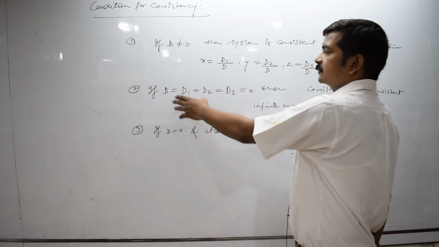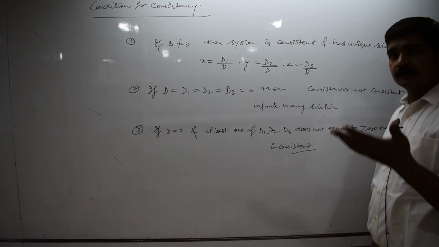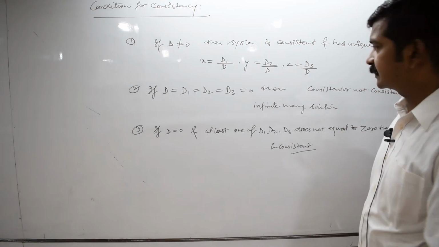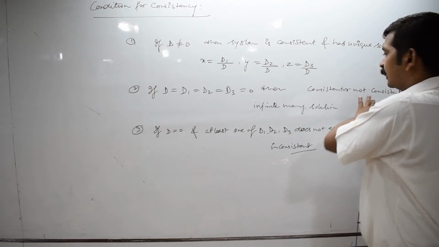If all determinants D, D1, D2, D3 equal 0, then the system is either consistent or inconsistent, meaning two conditions are also produced.